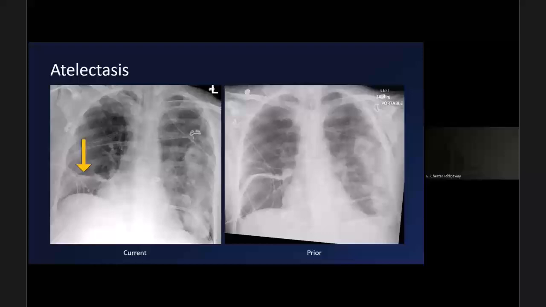So this is right lower lobe atelectasis. Hopefully you guys can see my arrow here. So this opacity that's formed compared to the prior study, that's not pneumonia, it's not aspiration, it's atelectasis. And we know that because this fissure has been inferiorly displaced. It's being pulled towards that area of volume loss.